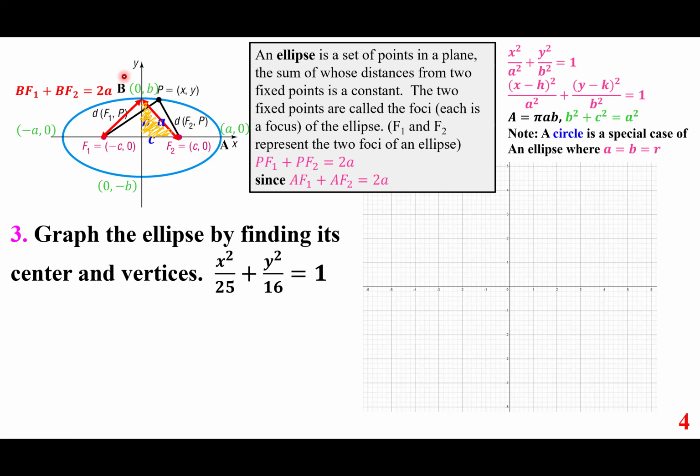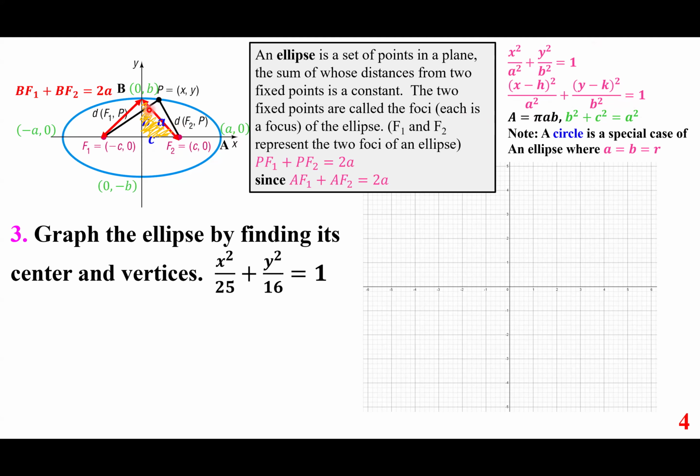So we write the following. First and foremost, this is the equation of an ellipse centered at 0, 0: x squared over A squared plus y squared over B squared equals 1. If it has a different center, (x minus h) squared over A squared plus (y minus k) squared over B squared equals 1. The area is pi AB. I'm going to discuss that in a moment. B squared and C squared add up to A squared.